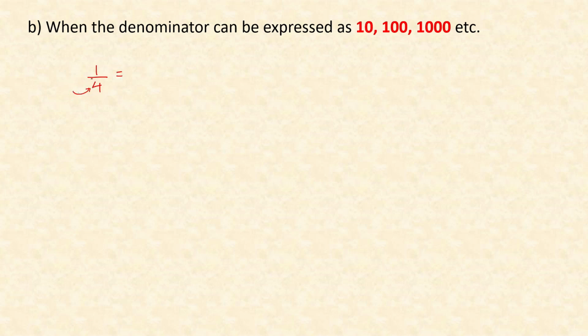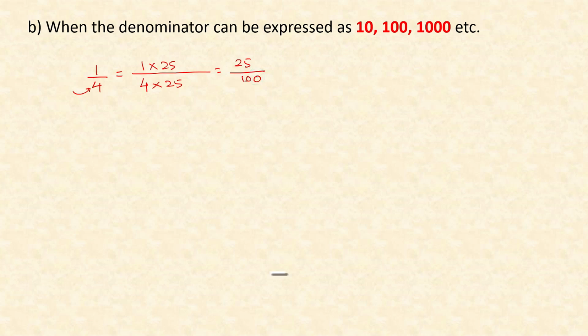So we need to convert this denominator to either 10 or 100 or 1000. So how can we convert this 4 to 100? If we multiply 4 by 25, then it will become 100. Likewise, if we multiply something in the denominator, the same thing we need to multiply in the numerator. So now this will become 25 divided by 100.